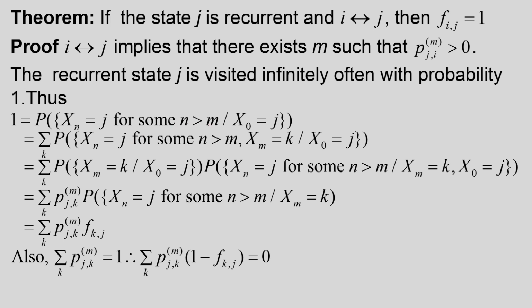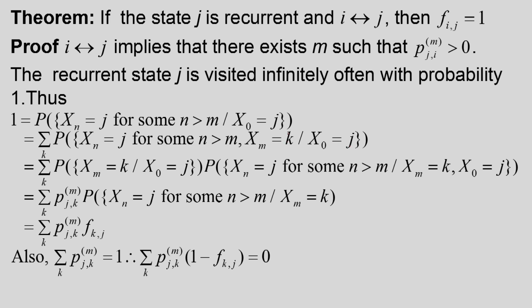Now we condition with respect to X_m equal to k, so that we can apply the total probability theorem. So this expression will be the same as the summation over k of the probability of X_n equal to j for some n greater than m, X_m equal to k, given that X_0 is equal to j.